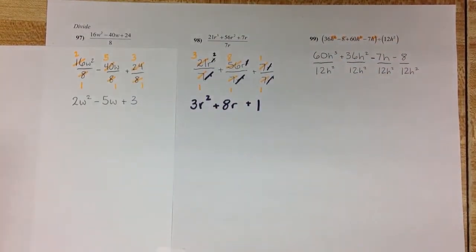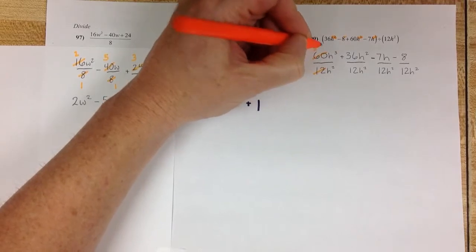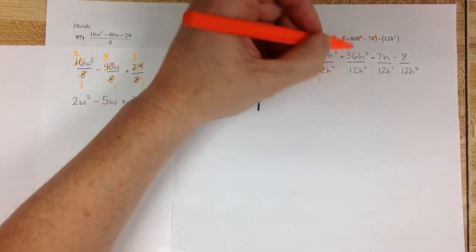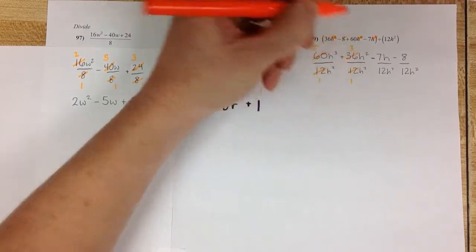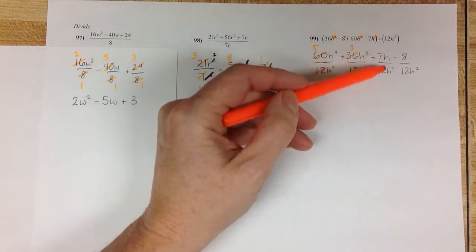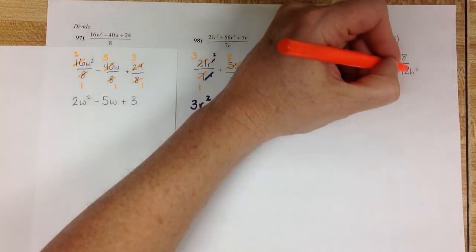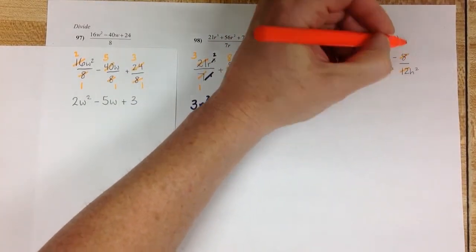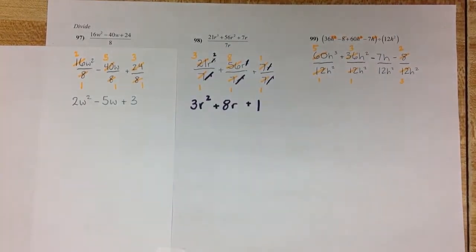Reducing my coefficients is going to be the same as it's been in all of the other two problems that we did. So a 12 fits into 60 5 times, and 12 will go into 36 3 times. This 7/12 doesn't reduce, so I'll just leave that alone. And my 8/12, I can take a 4 out of both of those, leaving me with a 2 and a 3.